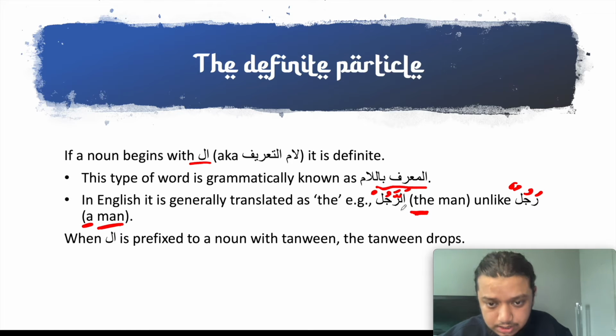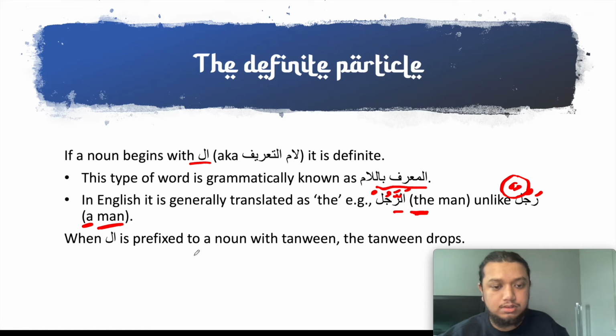So as you can see here, the alif lam is translated as the instead of a, because in the second example, rajulun, as you can see here, it has the tanween, and as we've said, tanween acts as harf tankir, indicating that the word is indefinite. Therefore it will be translated as a man instead of the man.